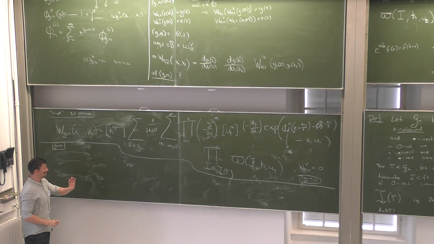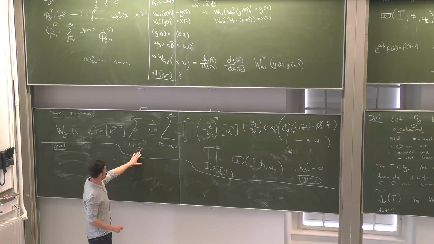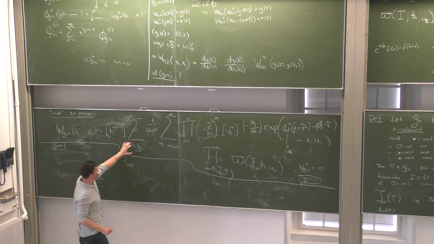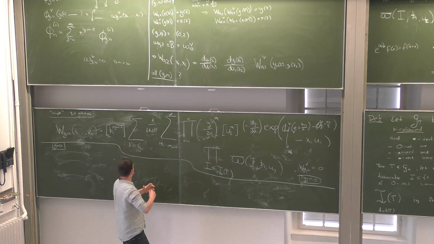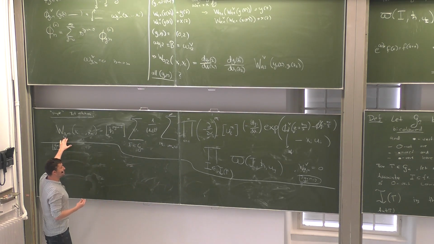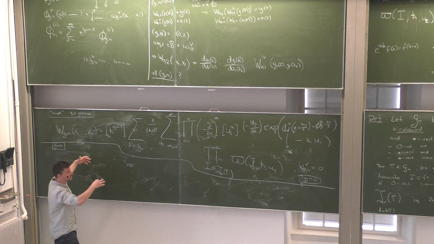Maybe I should also mention the following. So this set Gn is an infinite set, but if we restrict to a fixed genus here, in this set just graphs contribute which have the Betti number G or less. So this is also one important thing here.